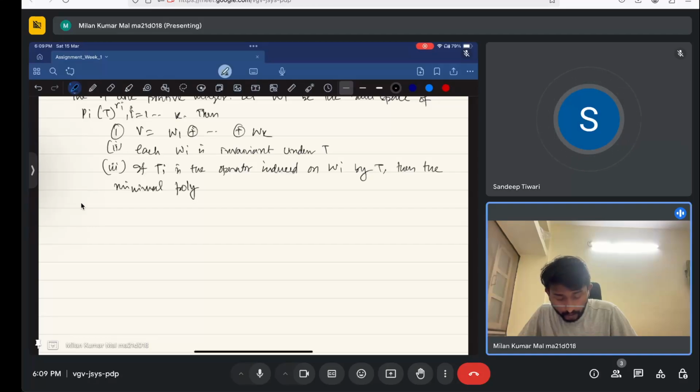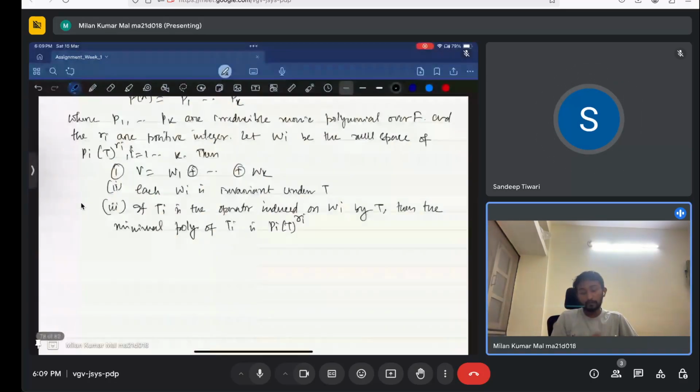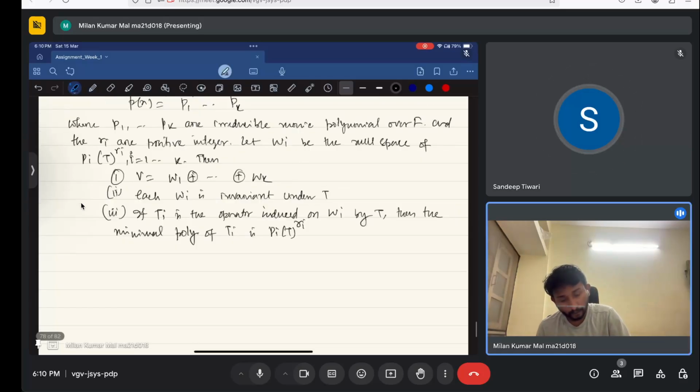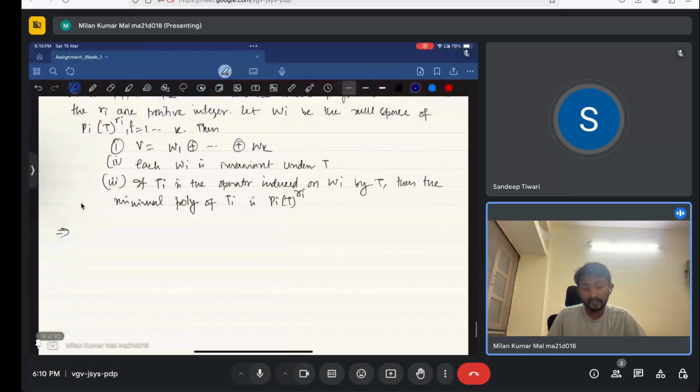If you want to solve some problems, you may not be able to remember the full proof of this theorem all the time, but you have to understand what Wi is and where these W are coming from. So before going to any problem, I just want to discuss what materials we are using here.